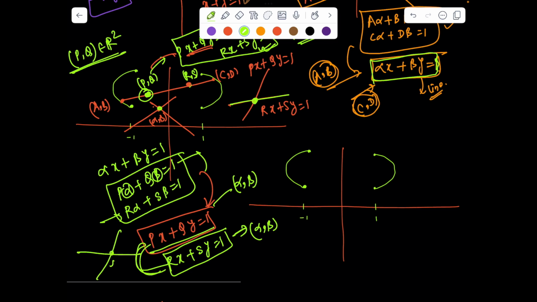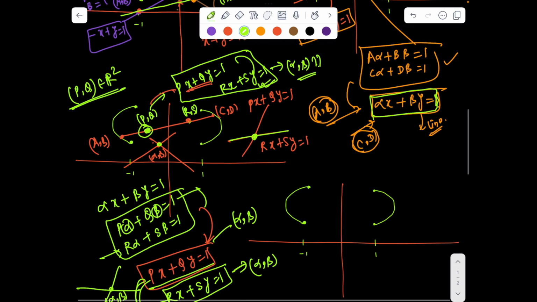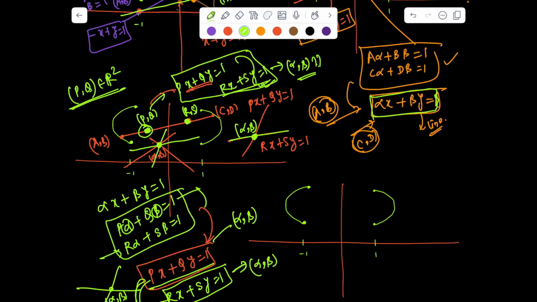Now I know both of these are equations of lines and there is a common point (alpha, beta) on them, hence they must intersect at (alpha, beta) guaranteed. And that's surprising. It shows that if (P, Q) gives some line, it should also pass through (alpha, beta). Similarly, if (R, S) gives the equation Rx + Sy = 1, it must pass through (alpha, beta).